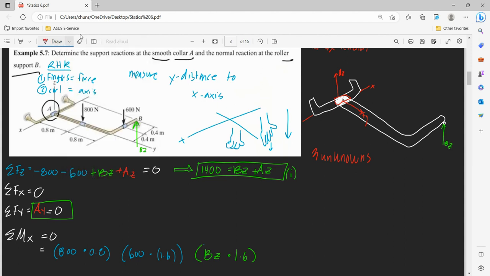Right, as our fingers curl towards our x-axis, like that. Then the third part is that our thumb is going to point in the direction that our moment is acting.